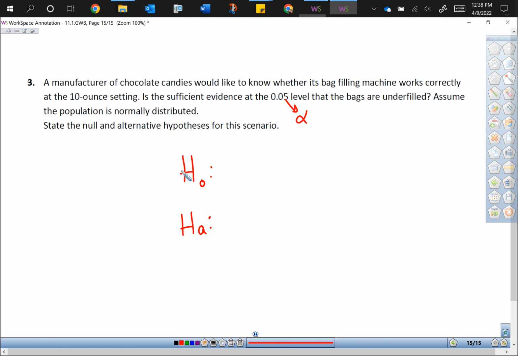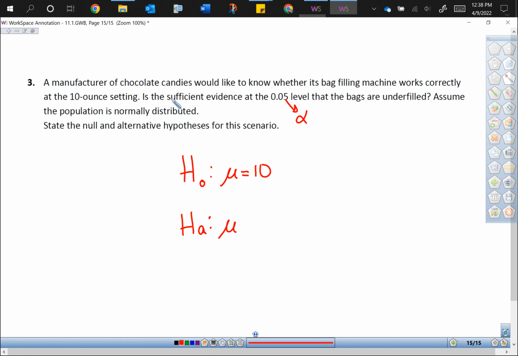So let's start with the null hypothesis. First of all, we're talking about a bag filling machine, and they want to know if it works correctly at the 10-ounce setting. Each bag is supposed to have 10 ounces, so that would be an average. That means our mu is going to equal 10 ounces. Now I have to figure out for the alternative hypothesis what kind of symbol I'm going to use.